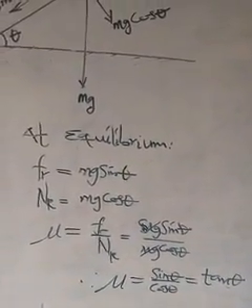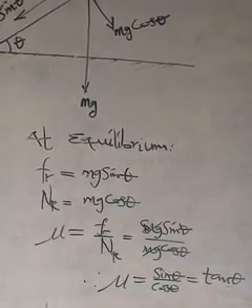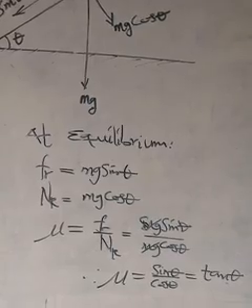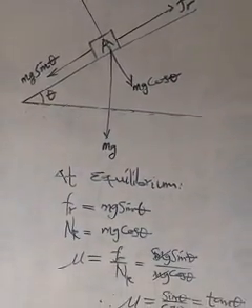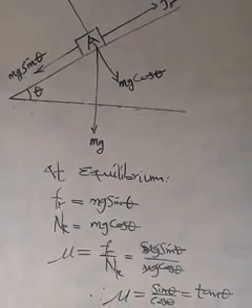Then we have the coefficient of static friction equals sin theta over cos theta, which is tan theta. So we were able to determine this in our last tutorial. This is what happens when body A is at equilibrium, where the mass is the mass of the body that's on the plane.